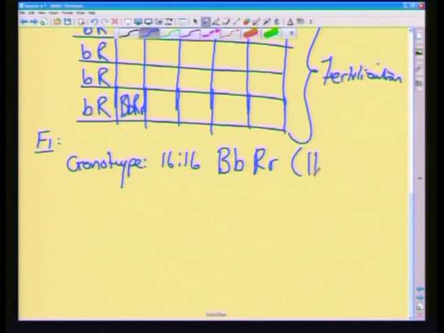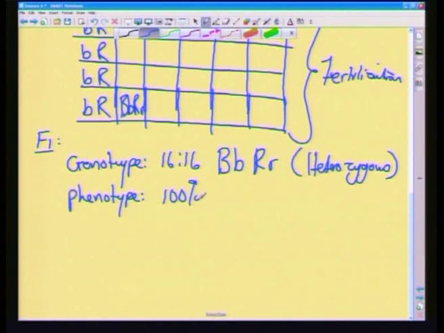So they are going to be heterozygous. Okay, and our phenotype, what are we going to be able to see? 100% of the offspring are going to show these characteristics.